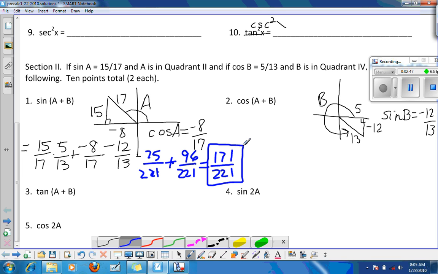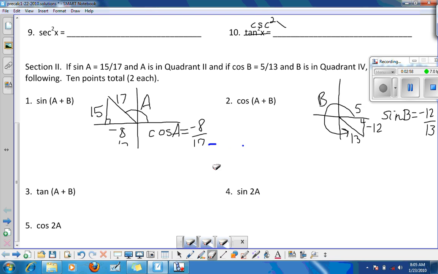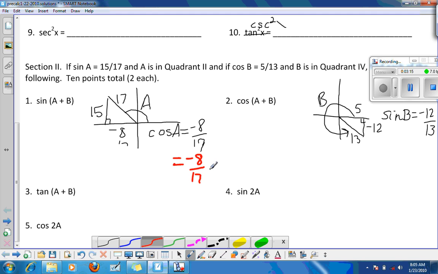I'm going to go ahead and erase so I have some room to answer question 2. So let's erase this part here. And go ahead and look at number 2. Again, we're just going to plug straight into the cosine of A plus B formulas. So I've got the cosine of A is negative 8 over 17 times the cosine of B, which is 5 over 13.